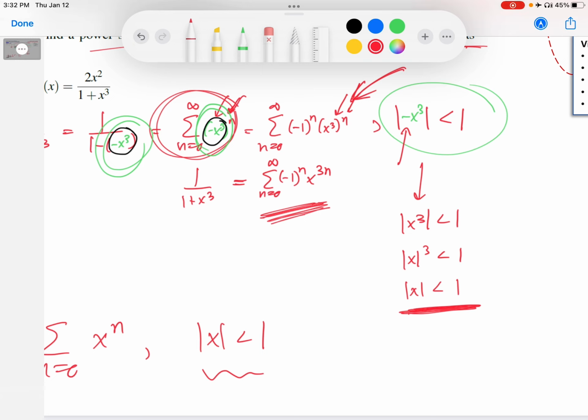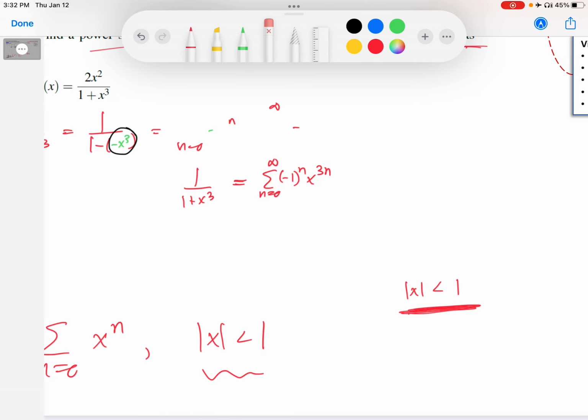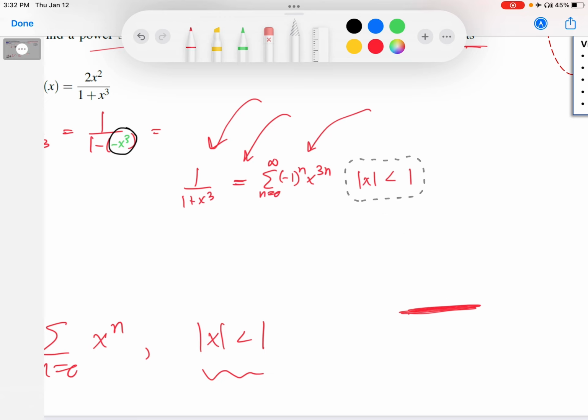But if I had to write out the full solution, to erase some of the clutter and leave only what is part of the solution, we would say, okay, this function equals this power series on this interval of convergence.